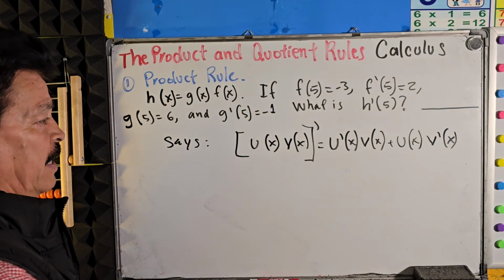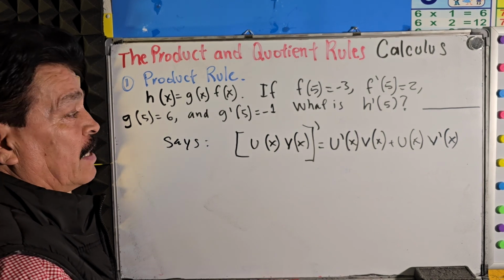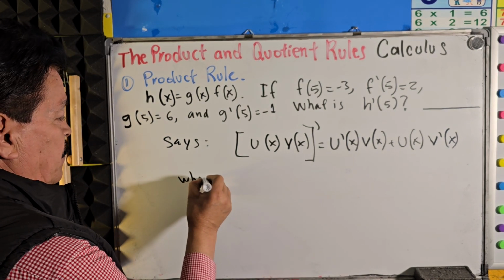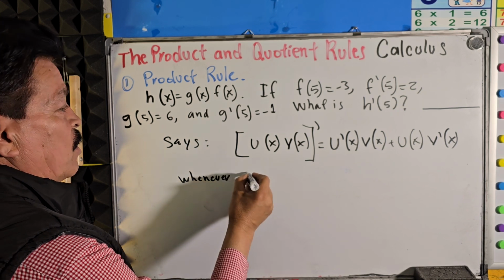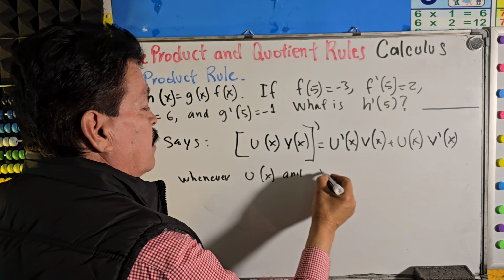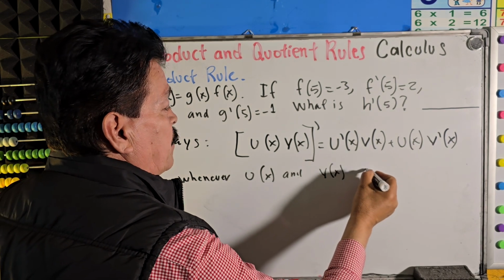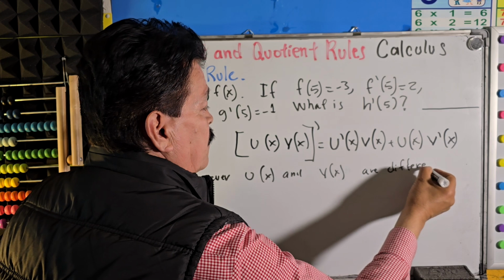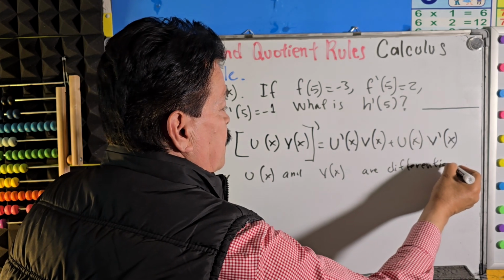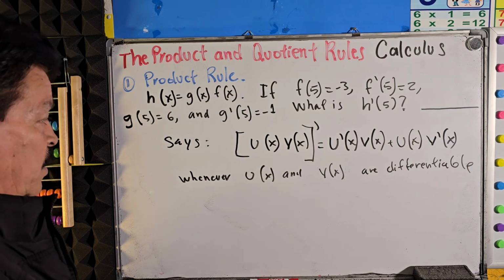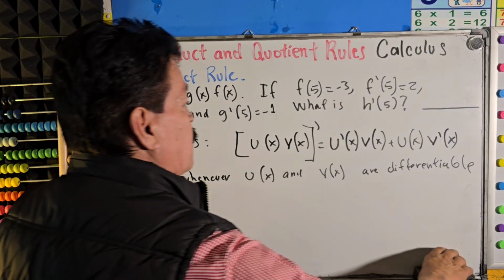Whenever u of x and v of x are differentiable, that's the rule. This is the product rule concept.